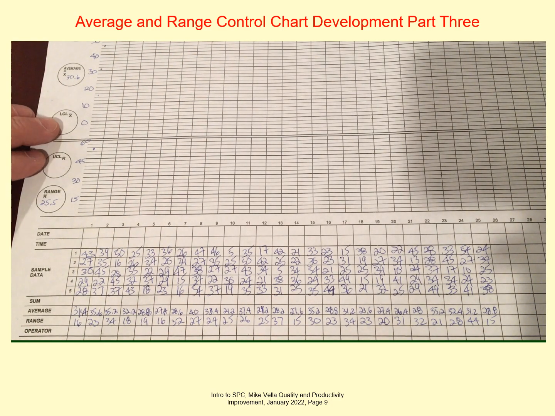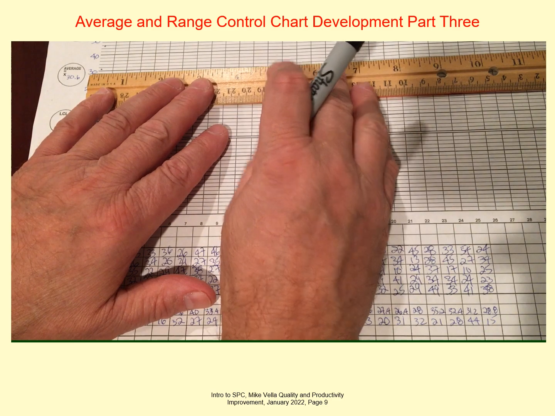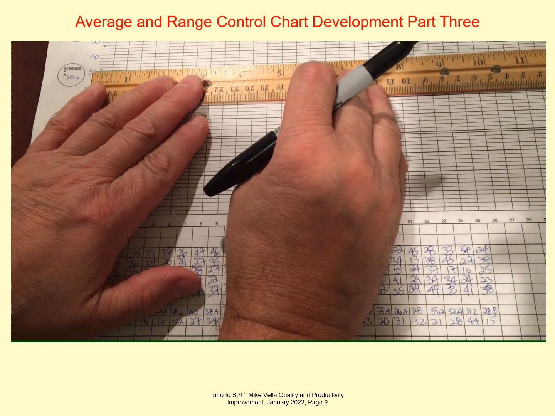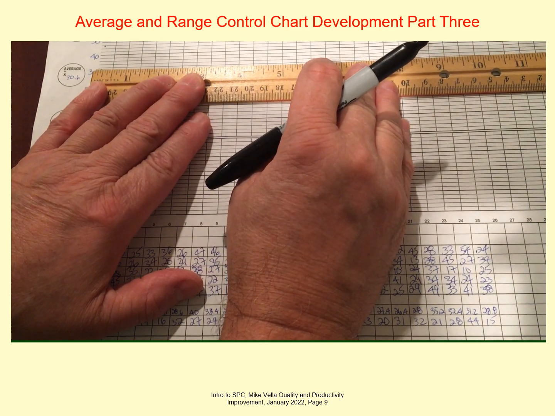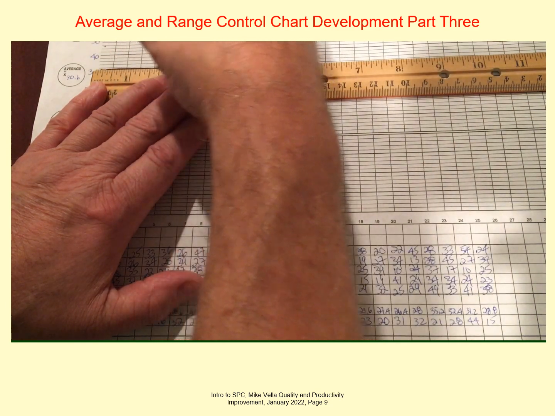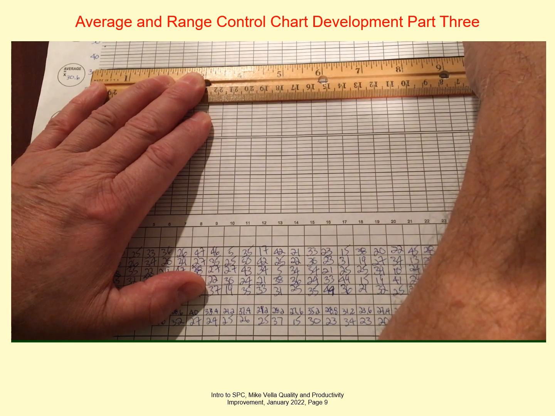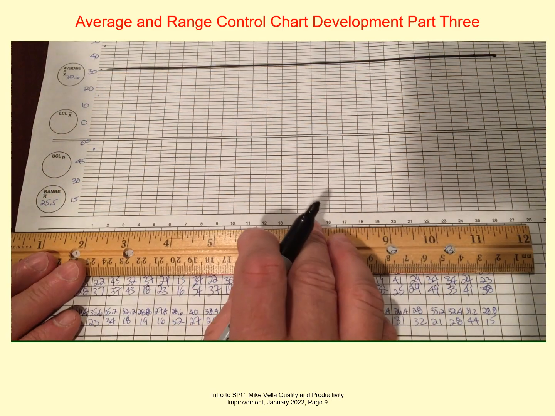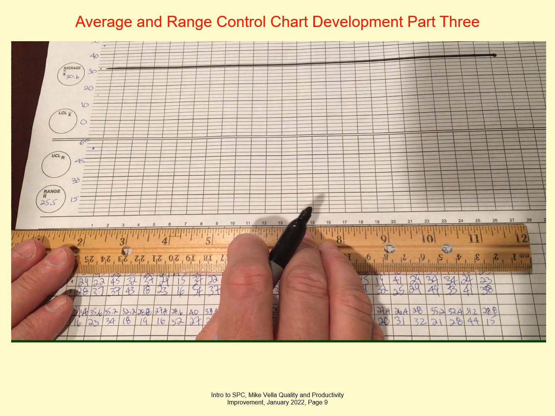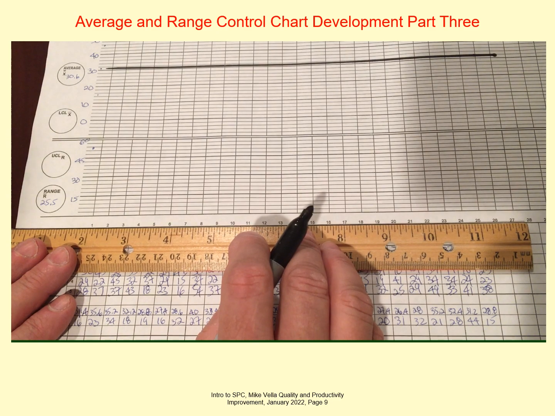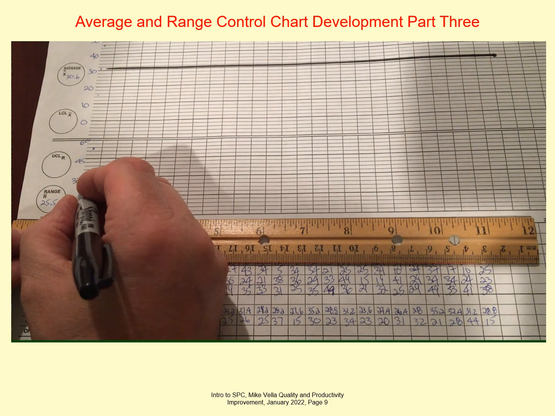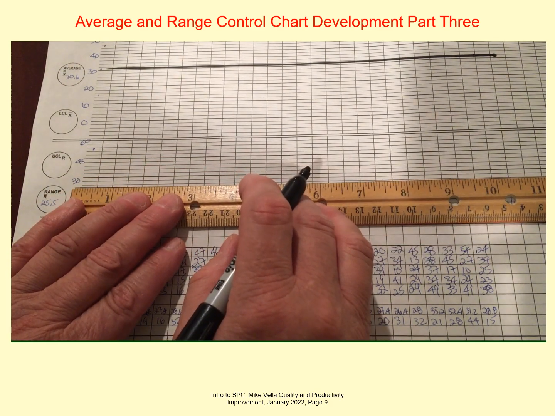Find 30.6 on this chart, and draw a horizontal line there. And that's right about here. And the average range is 25.5. So that's 15, 18, 24, roughly around there.